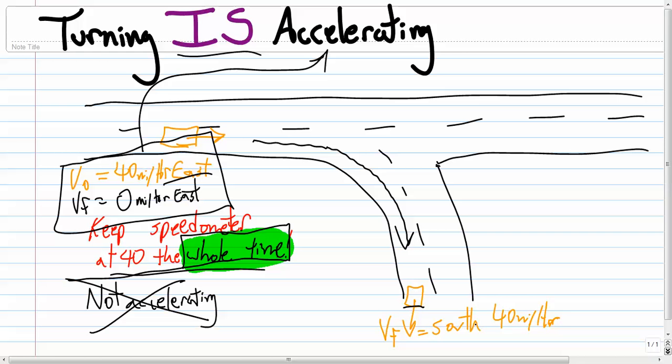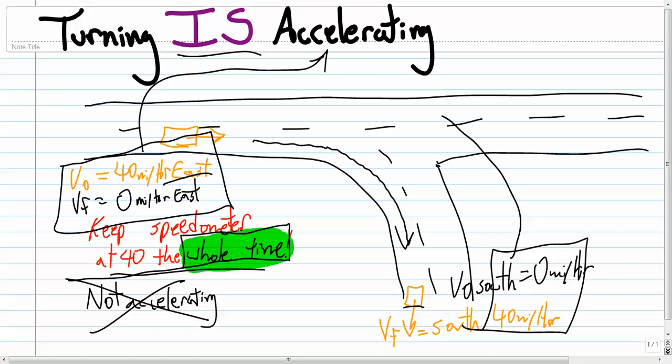Likewise, look at this. The south velocity, what was the person's original south speed or velocity? Their original velocity to the south was 0 miles per hour, because when they were up here, they weren't going south at all. They were only going east. So as they made the turn, their velocity changed from 0 miles per hour to the south to 40 miles per hour to the south.